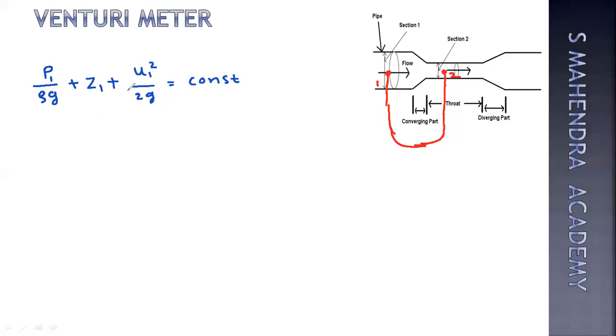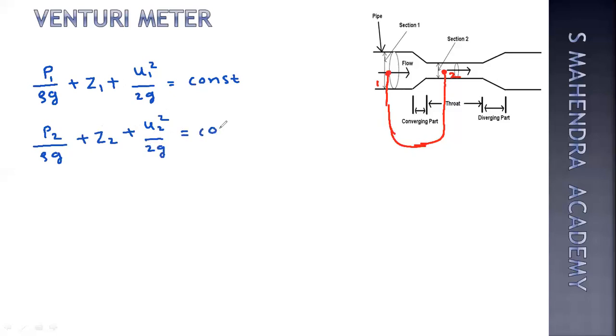For point number 2, the pressure energy will be P2 upon rho G plus Z2 plus U2 square upon 2G is equal to constant.